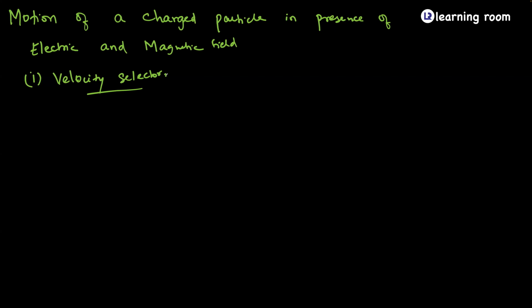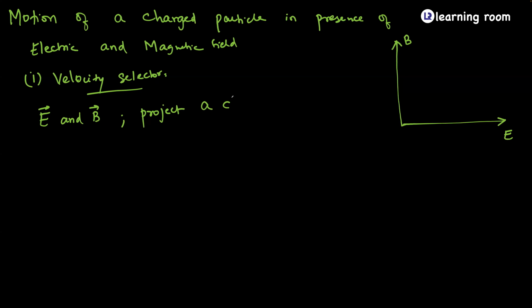Okay. Listen to this. Suppose you have electric field and magnetic field perpendicular to each other. So you have E vector and B vector perpendicular to each other, and you are going to project a charged particle.